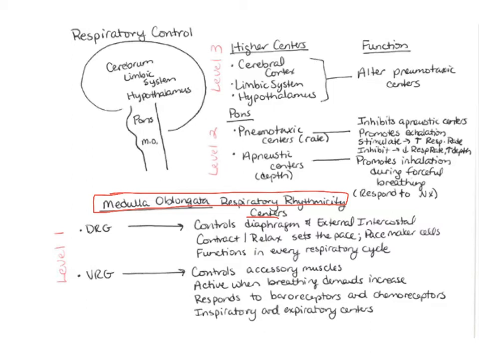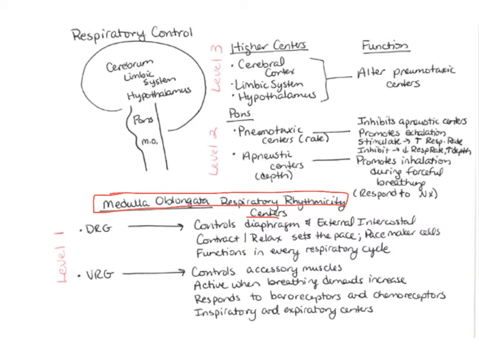How much volume of air are you bringing in every minute? They control that by either increasing or decreasing the frequency and depth of pulmonary ventilation, basically controlling the muscles of respiration.